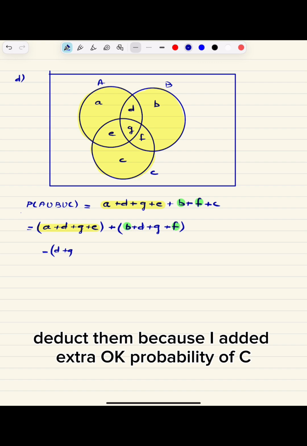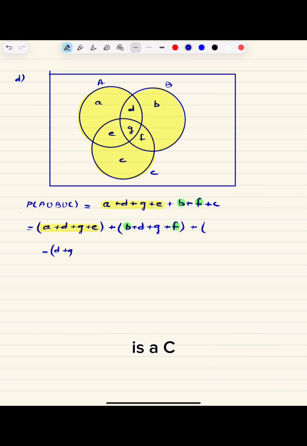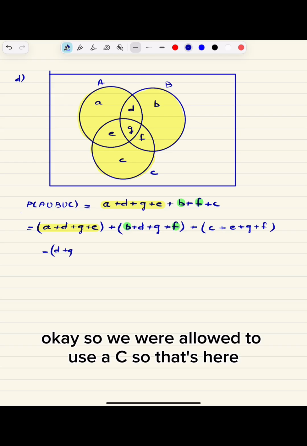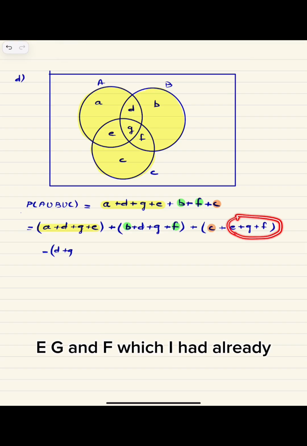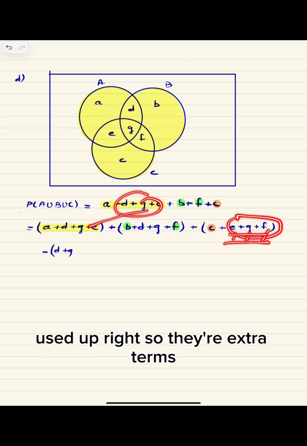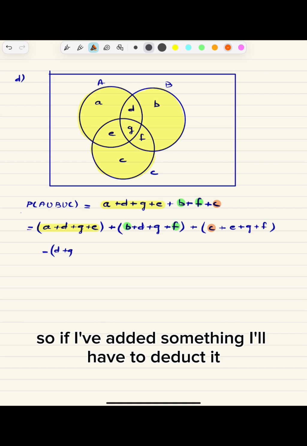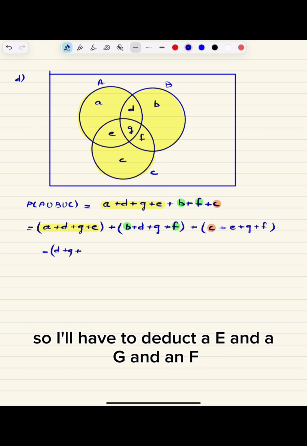The probability of C is C plus E plus G plus F. We were allowed to use C, but now I've added extras E, G and F, which I had already used up. So I'll have to deduct E, G and F.